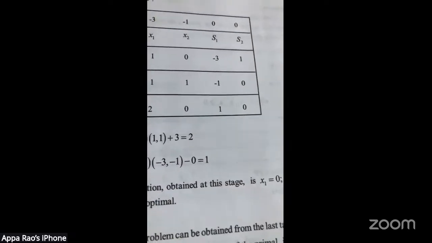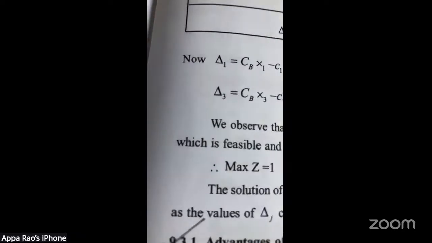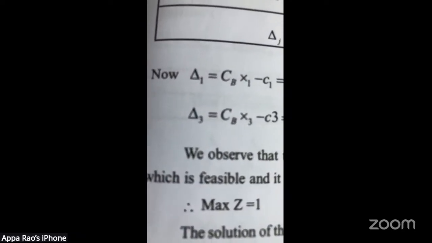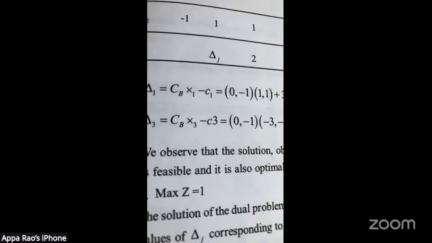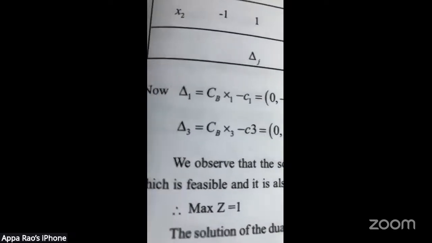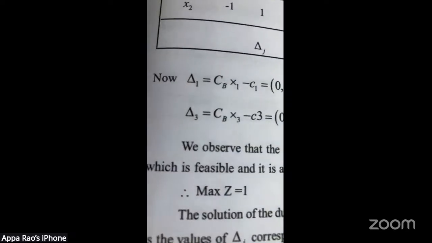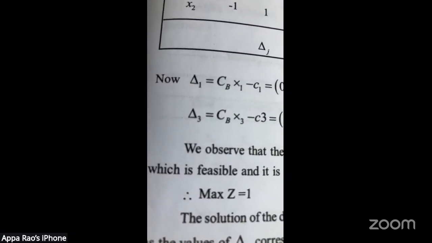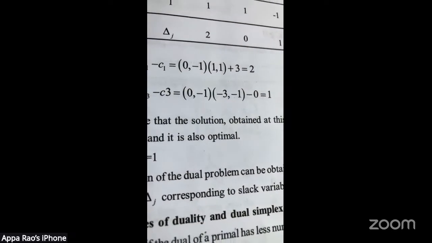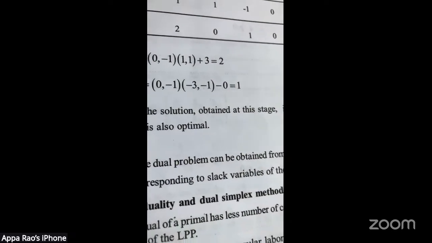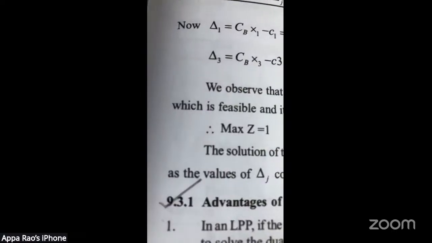Delta j means Zj minus Cj: 2, 0, 1, 0. So here delta 1 equal to CB X1 minus C1, that means 2. Delta 3 equal to CB X3 minus C3, that equal to 0, minus 1 times minus 3, minus 1, minus 0, that equal to 1.